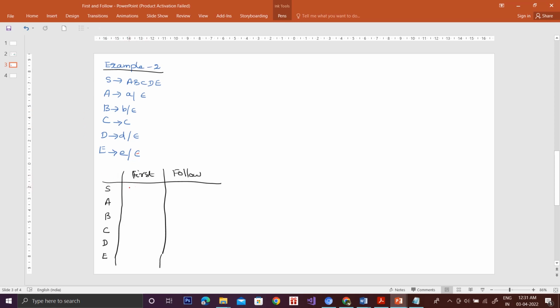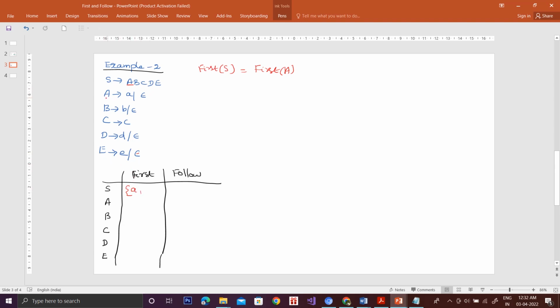When we want to find the first of S, what is first of S? First of S is capital A, so first of S is equal to first of A. What is first of A? First of A is small a, so we are adding small a.